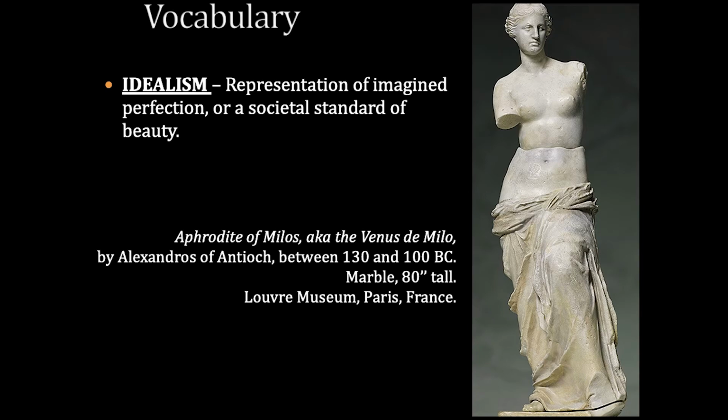They're like the most perfect version. So that's what we're talking about here. It's the idealization of a lot of these figures and the way they're depicted. It gives a sense of what the societal standards of beauty were, and that varies from culture to culture. Some cultures value different things, right?